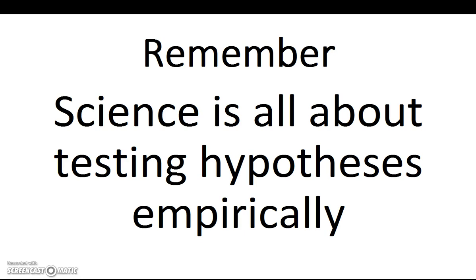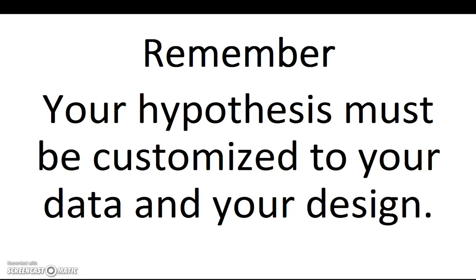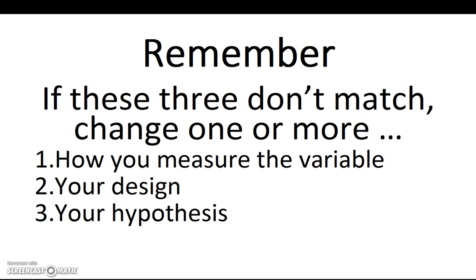Science is all about testing hypotheses empirically. Your hypothesis must be customized to your particular data and your specific research design. If the three of these, design, data, and hypothesis, don't match, you have to change one or more of these.